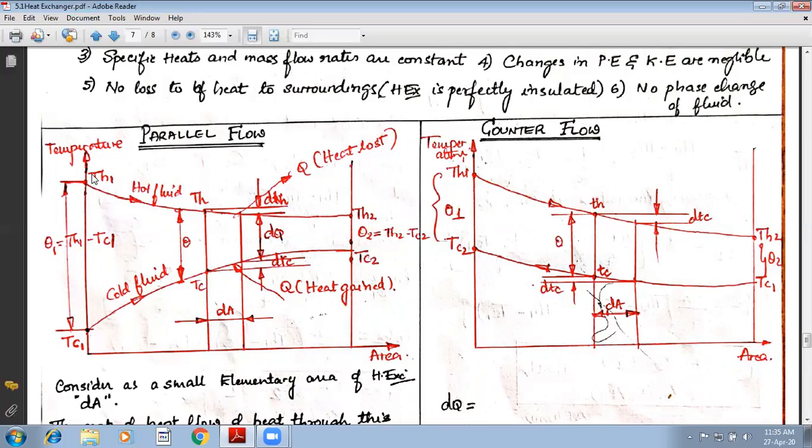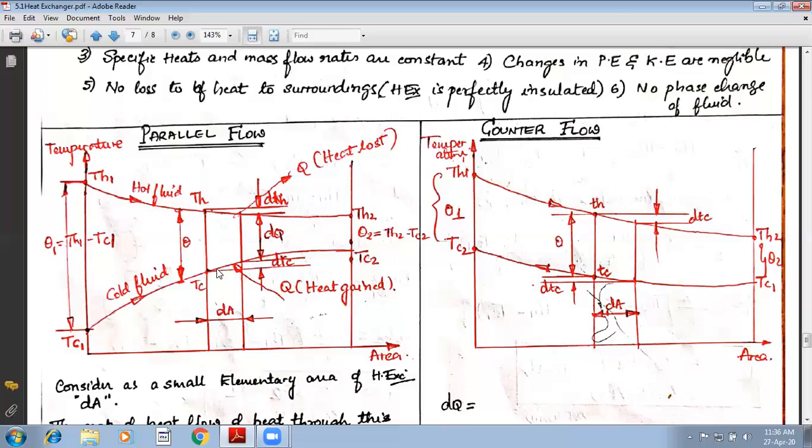Now if I say TH1, this is the temperature of the hot fluid at inlet. TC2 is temperature of the cold fluid at the outlet. TC1 is temperature of the cold fluid at inlet. TH2 is temperature of the hot fluid at outlet. Now this nomenclature is same for counterflow as well.